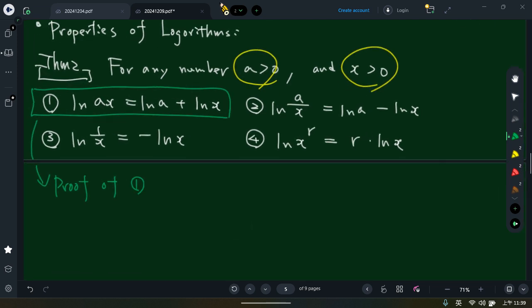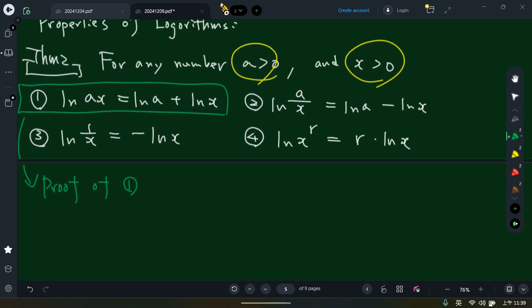If you can prove property 1, I believe you can apply the same idea to prove the rest of the properties. So for the first one, we can see that ln ax, when we try to differentiate it, so what is the result?